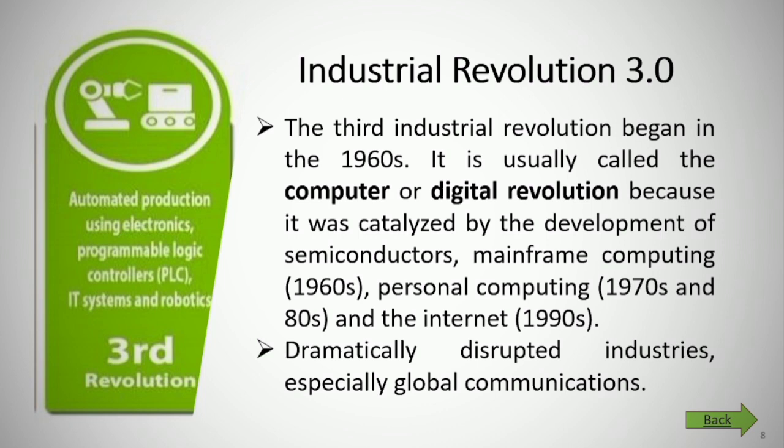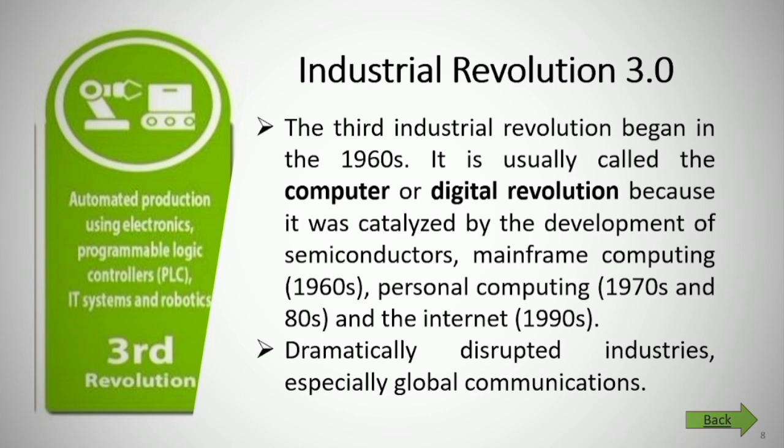This is where new technologies such as TV, cell phones, and computers were invented. Because of this, people are able to do their jobs easily using the aid of the internet.